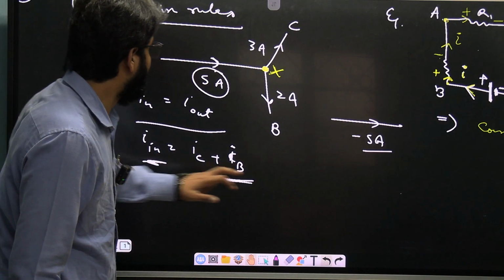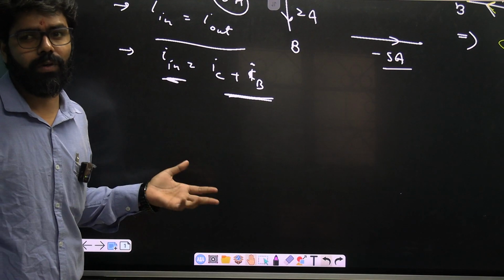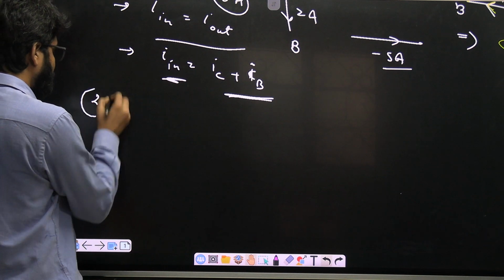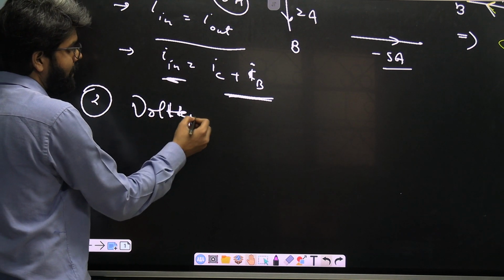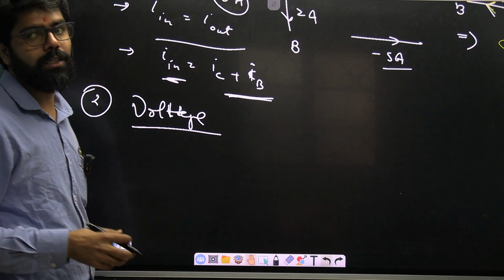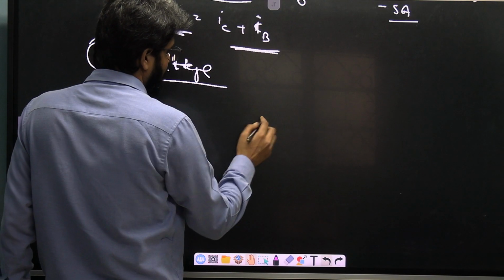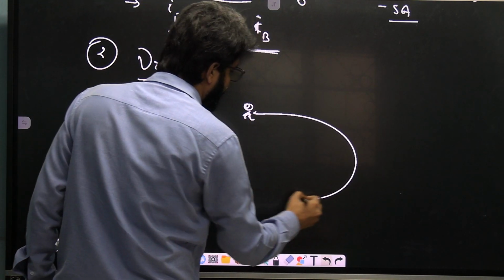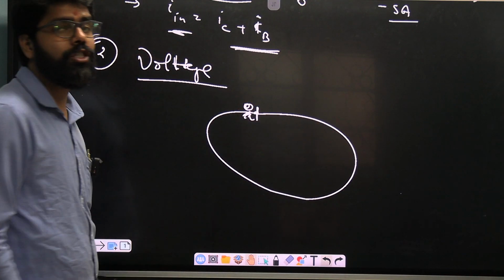Now there is another rule of Kirchhoff's law, that is the voltage rule. What happens in the voltage rule? Voltage is basically the potential difference. The potential difference between two points is called, by a shorter name, voltage. Suppose someone starts from here and returns along the same path, so the net displacement is 0.